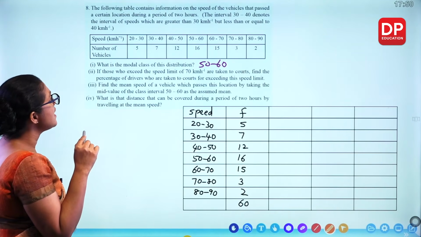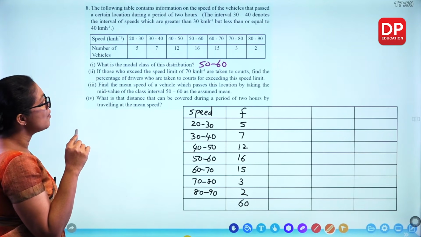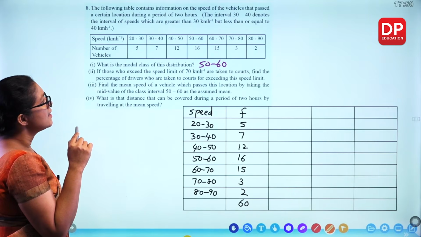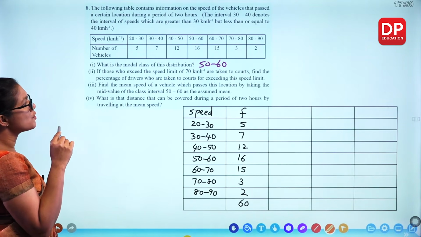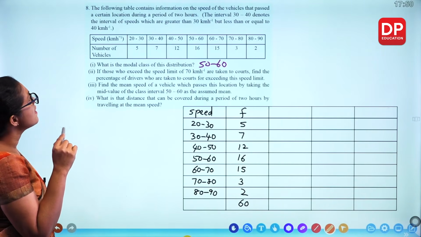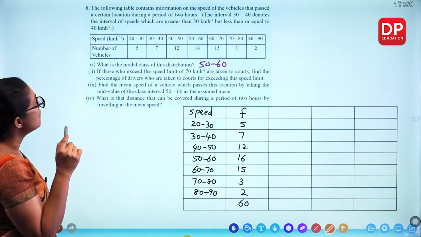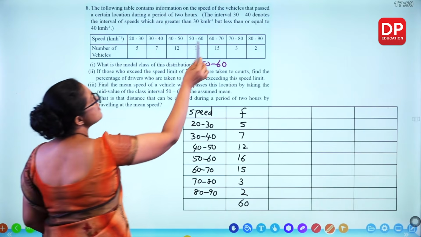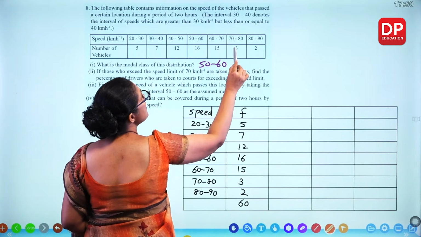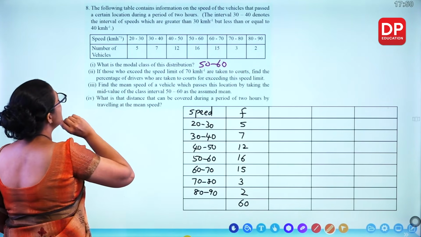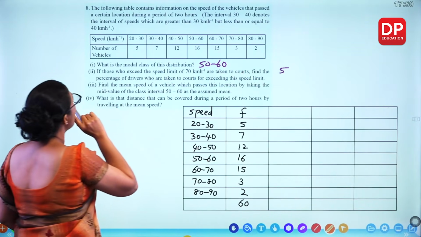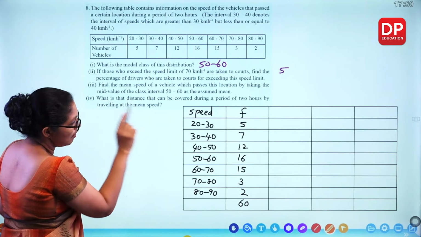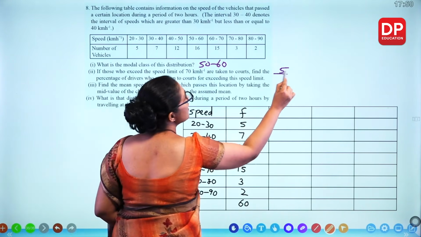If those who exceed the speed limit 70 kilometers are taken to courts, find the percentage of drivers who are taken to courts for exceeding this speed. 70 above. So this is less than 70. So 70 above is 5. 5 drivers out of altogether 60.